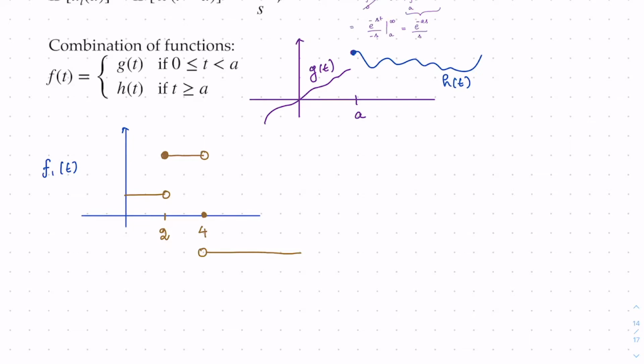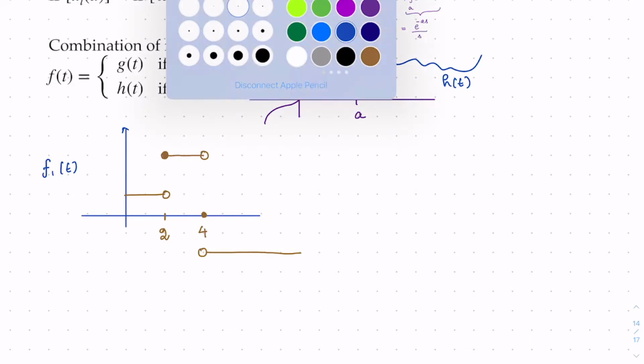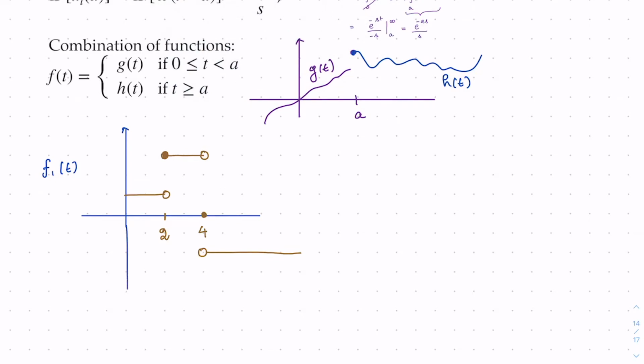How do I represent this particular function? So this is -2, this is 0, this is 1, and this is 3.